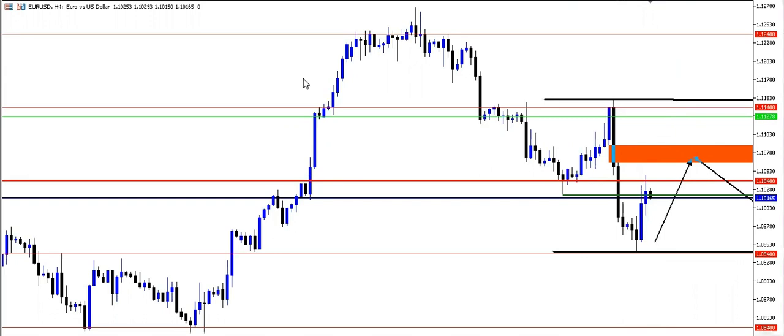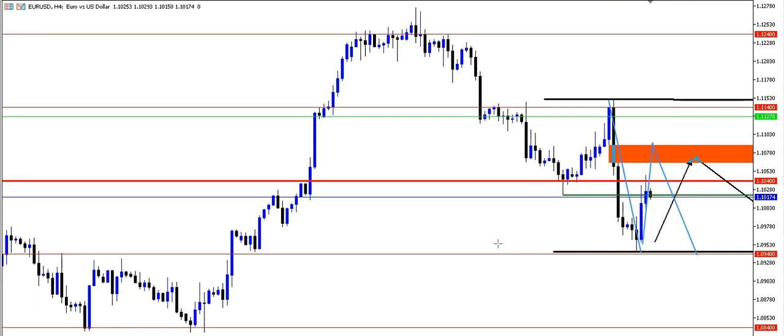So I really want to see price push up to the premium zone, price to form something like this, then another push to the upside. I want this fair value gap to be filled. Then from here, I begin to look for opportunities to short down to this zone first.